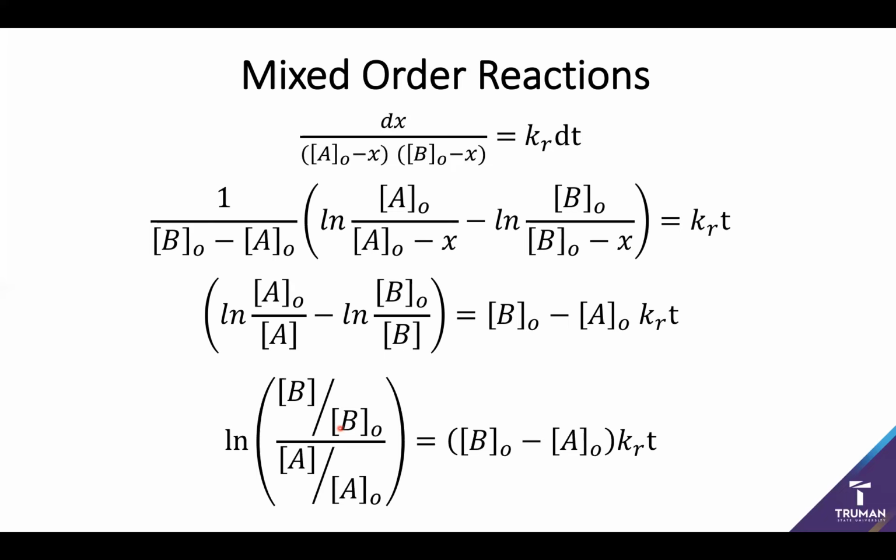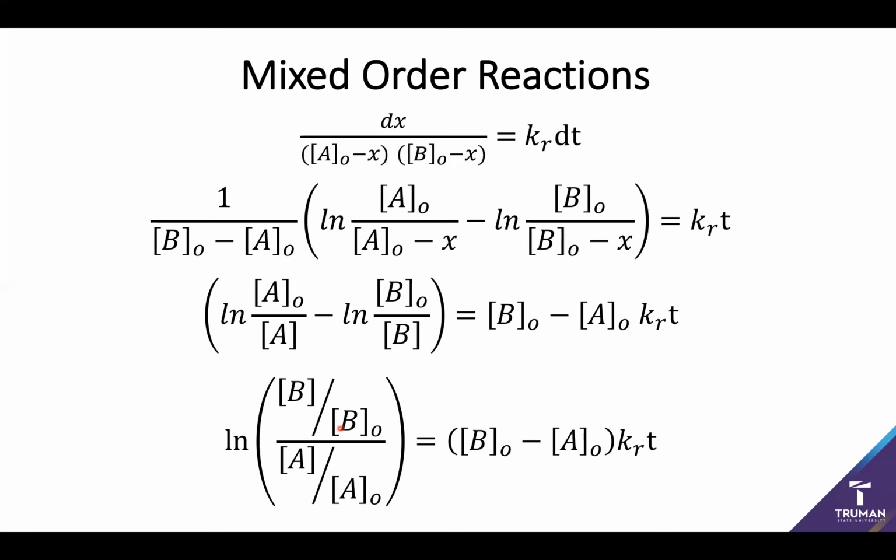However, this is how you need to treat a system where the concentrations of A and B are fairly similar. So this is something you should be keeping in mind when you're dealing with mixed order reactions, when we have both A and B at near identical concentrations.